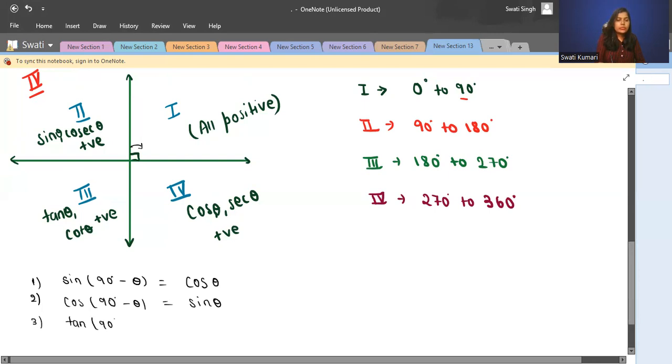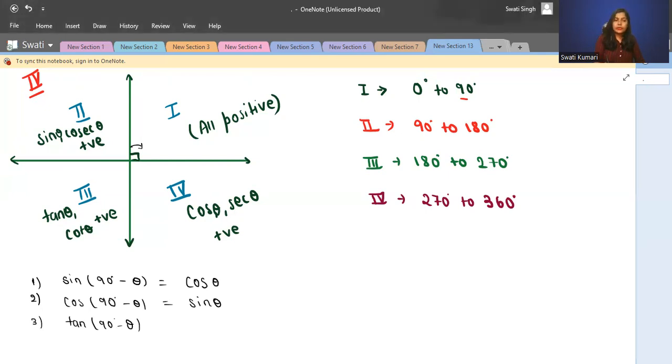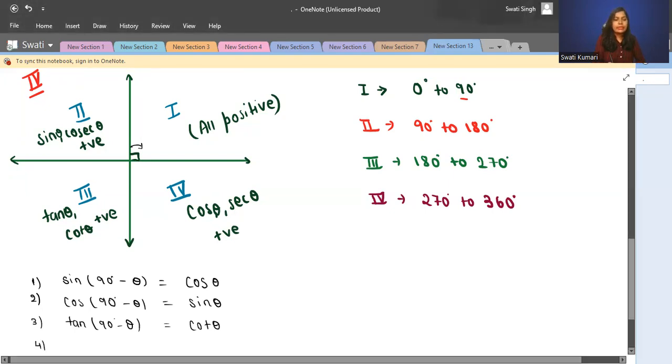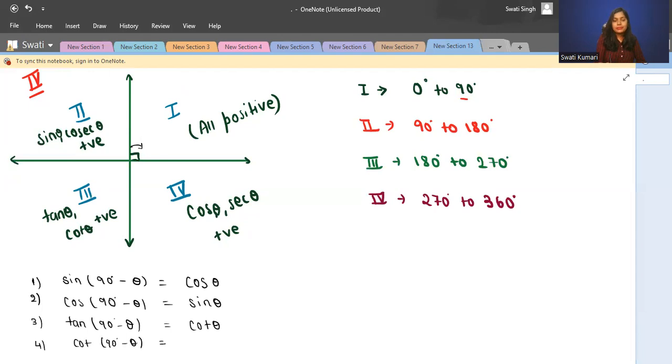Just like you saw that sine is becoming cos and cos is becoming sine, tan will become cot. So tan of 90 degree minus theta will become cot theta. Now the next one, we have cot of 90 degree minus theta. Of course, it will become tan theta, right?